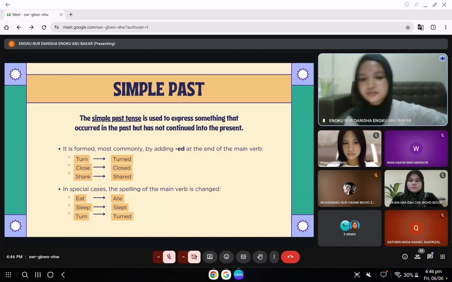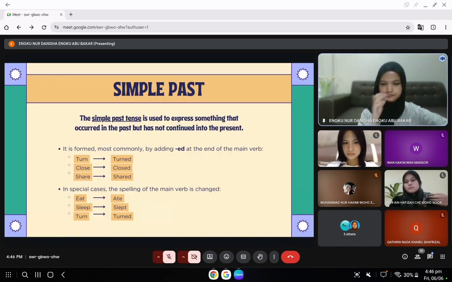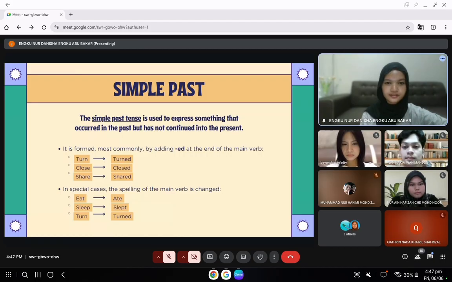So, for example, to form a past tense, usually you would add ed at the end of the verb, right? Yes.